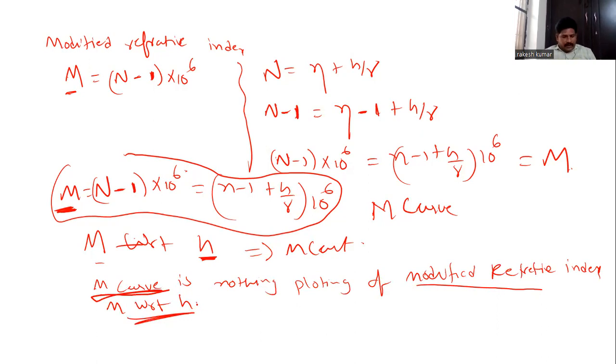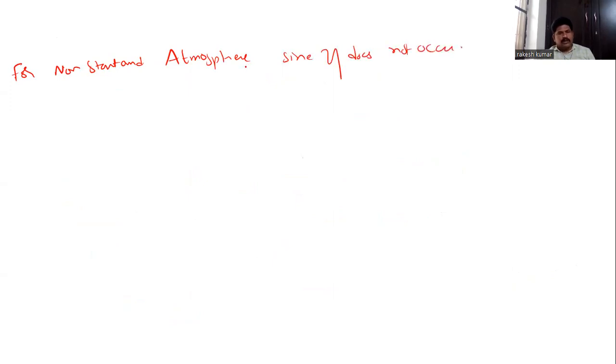Okay, so see here, for non-standard atmosphere, simple refractive index does not help. But when M curves are available, it is possible to predict roughly. So what is meant by the gradient?